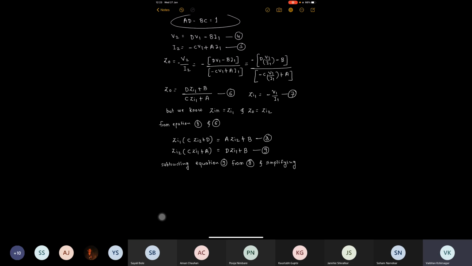When we do this, we finally get the image impedance 1, Zi1, equal to the square root of A into B divided by C into D. Let us call this equation number 10.